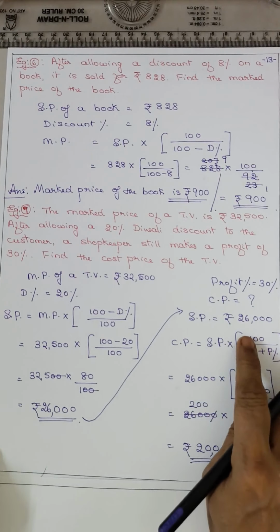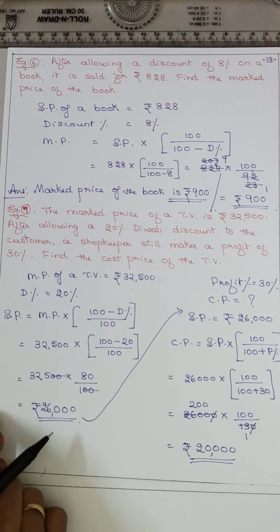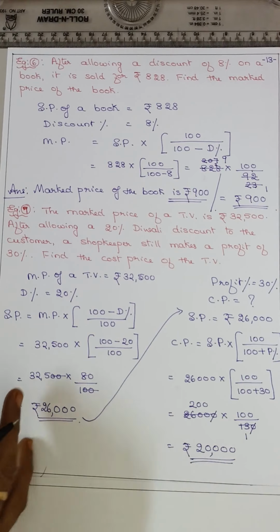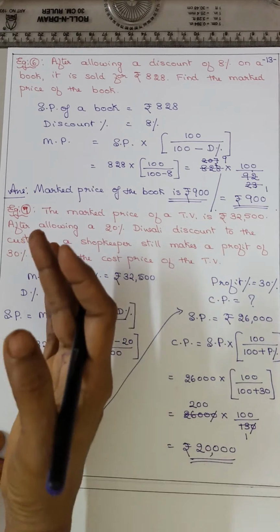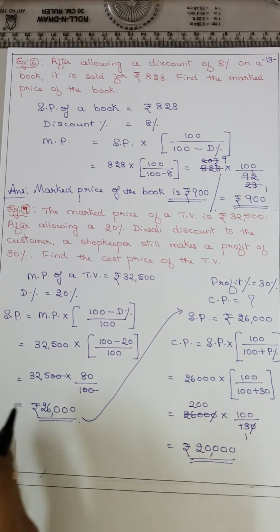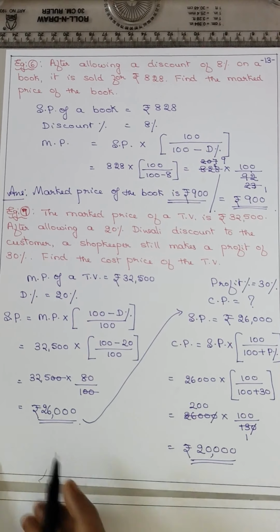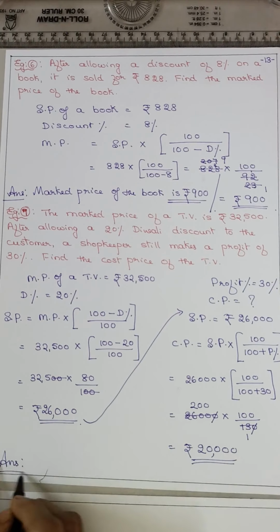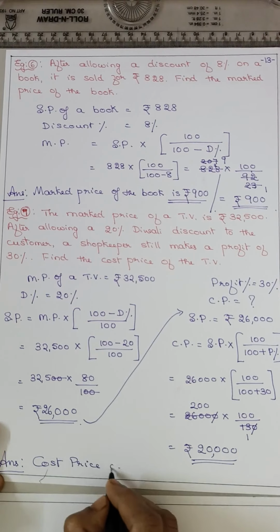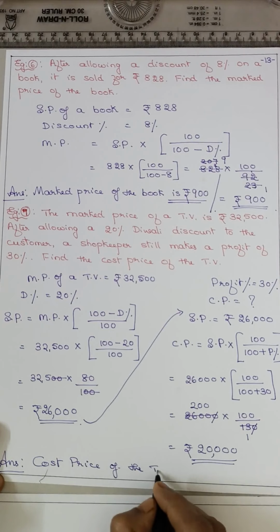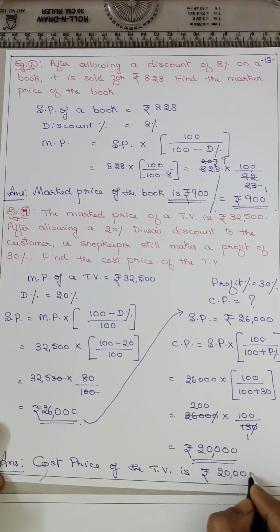They have asked you to find out CP. So MP, discount percent, SP on one side, profit percent, CP, SP on the other. So from here find out SP, then take that SP and find out CP. Answer: the cost price of the TV is ₹20,000.